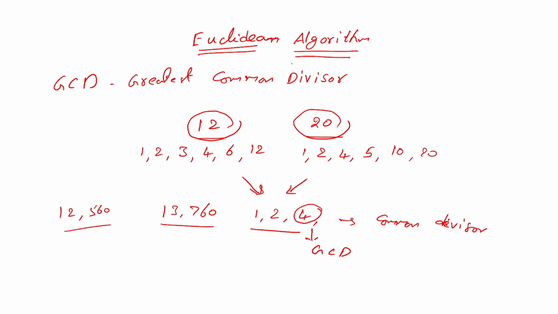It was developed by Euclid, so it is called the Euclidean algorithm. Basically this algorithm depends on two facts. We need to follow two facts. What are those two facts?